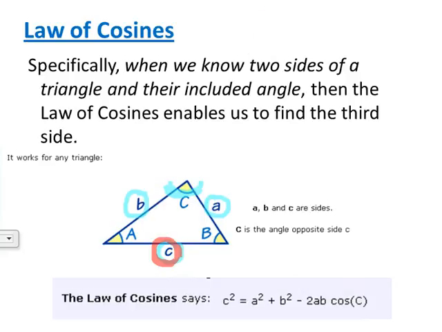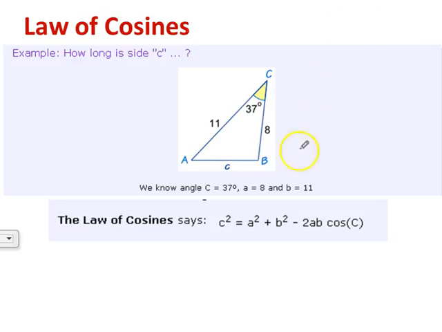So let's see an example. It's always easier when we see an actual example. Here we're given this side and the included angle measurement, and we're trying to find the length of side C. Using the law of cosines, C squared, which we don't know, equals A squared.